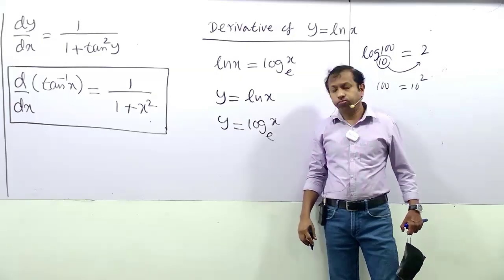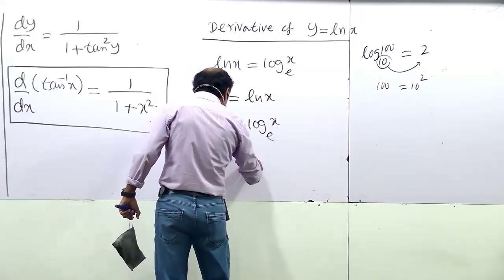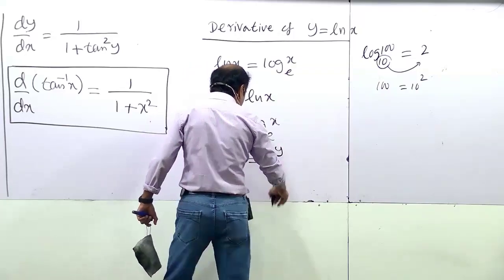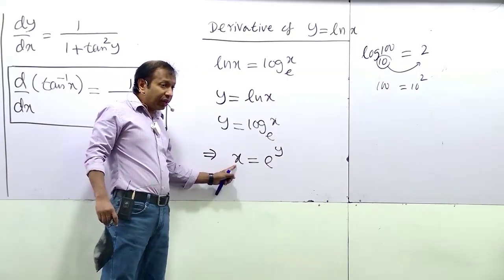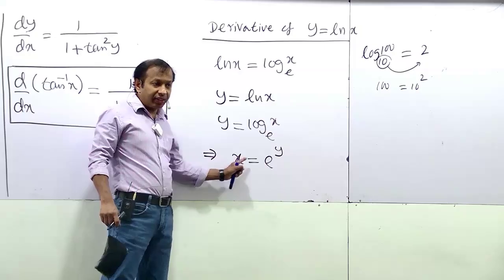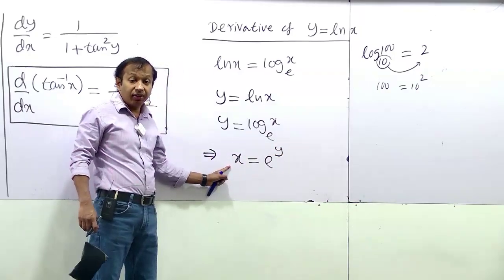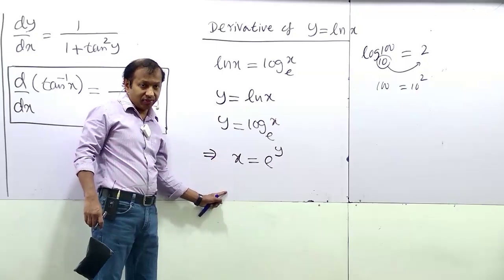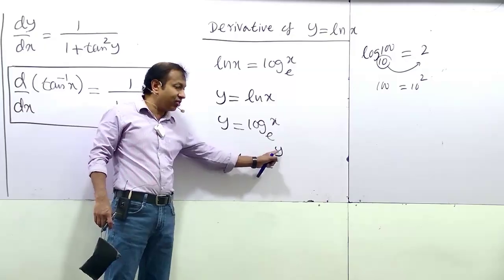Yes or no? This gives us x equals e to the power y. Right. Now, what derivative can you write here? On the right hand side we have y, on the left hand side we have x. What derivative can we find here? dx upon dy. Last week we learned the derivative of e to the power something.